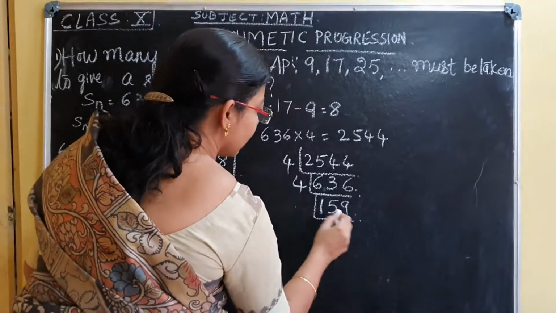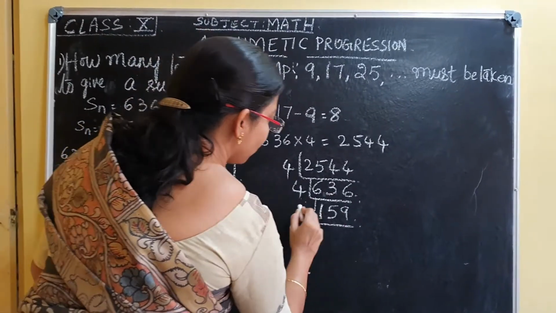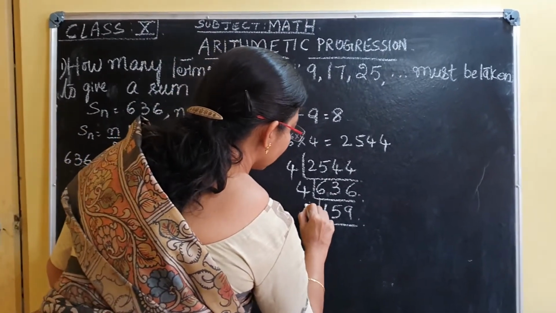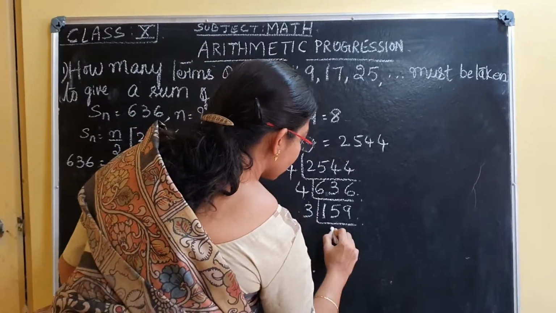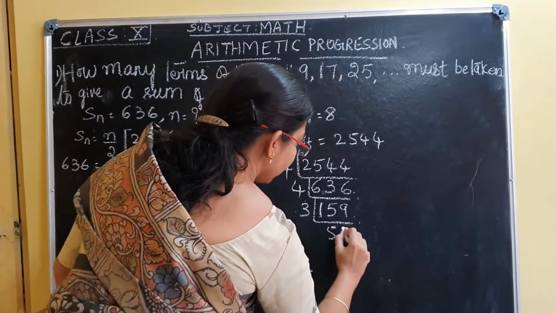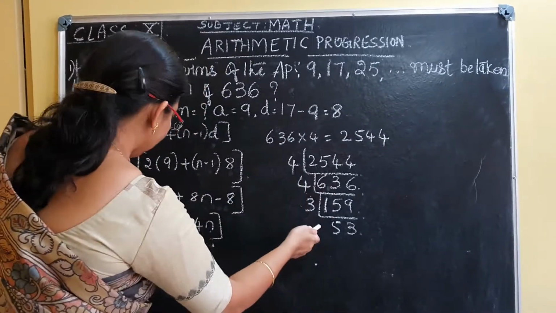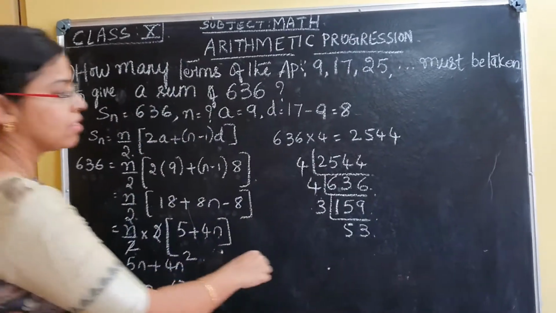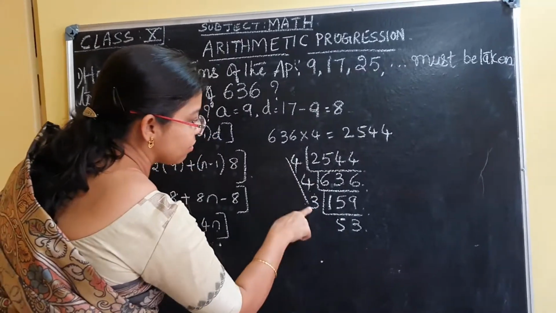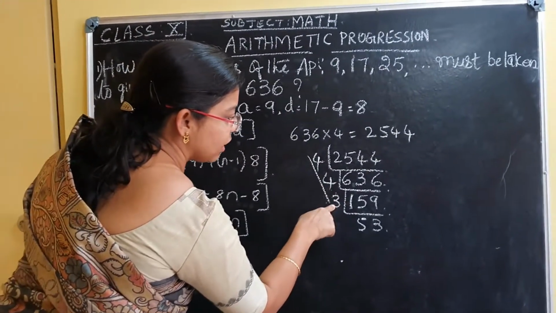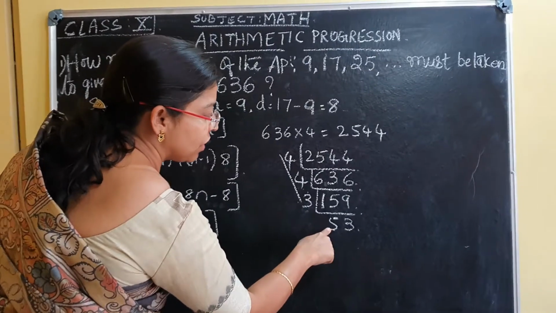And again, this will not go with 4. We will take 3 into 53. So this is the way we need to factorize big numbers. So we will multiply all these, we will group it: 4 into 4 is 16, 16 into 3 is 48, 48 into 53.